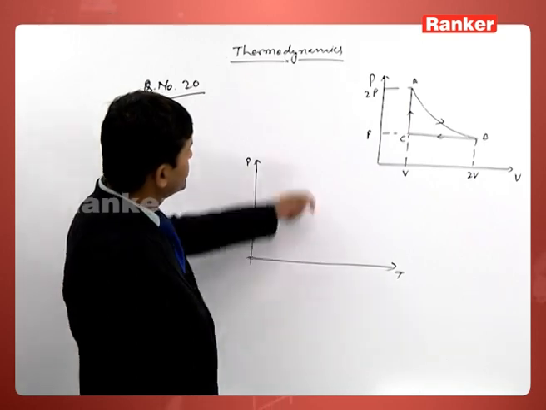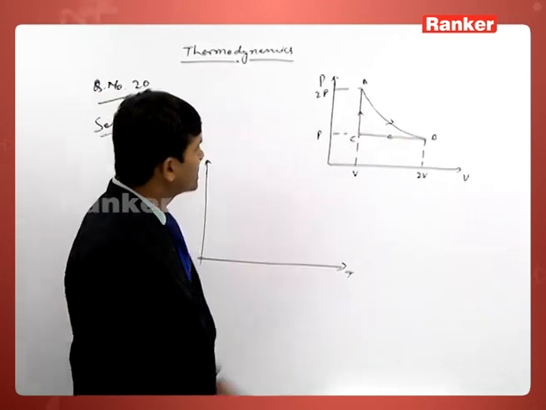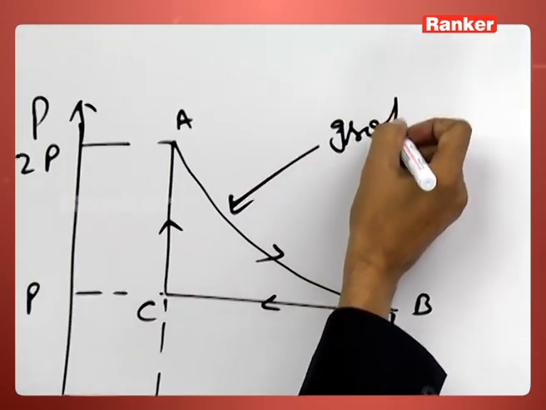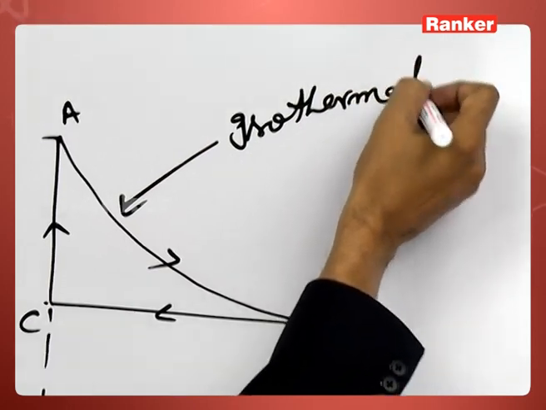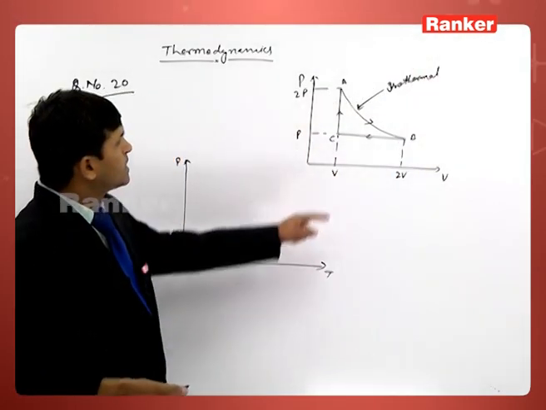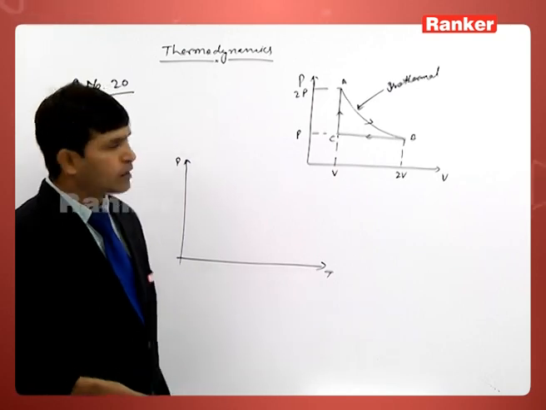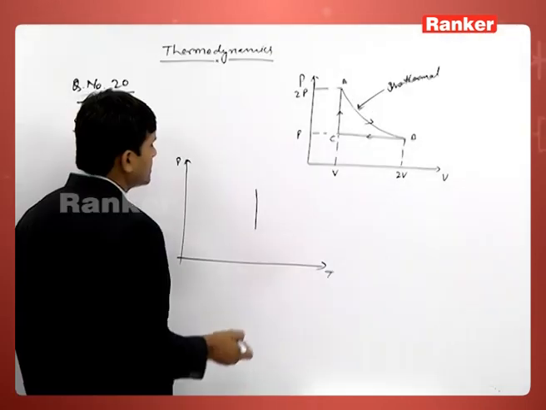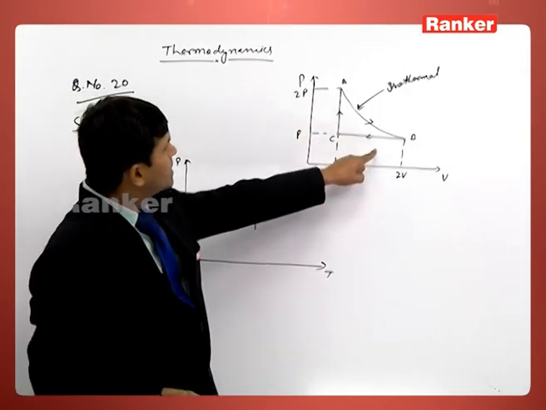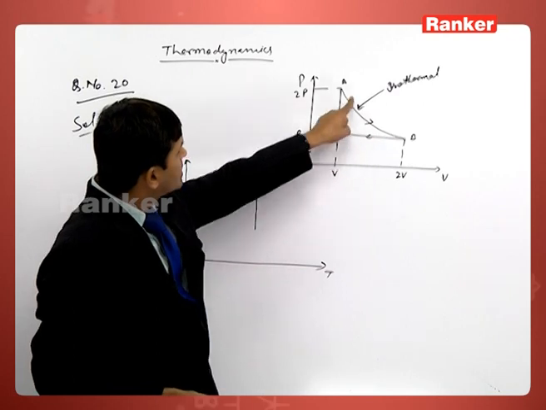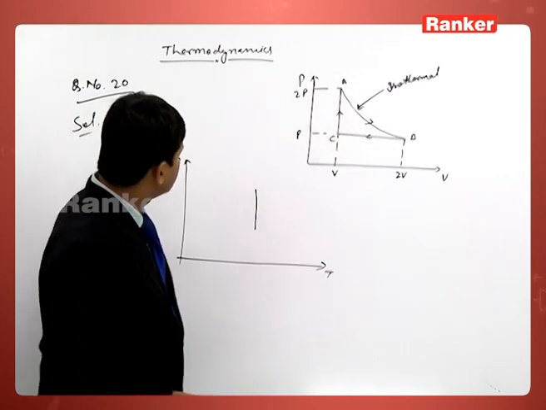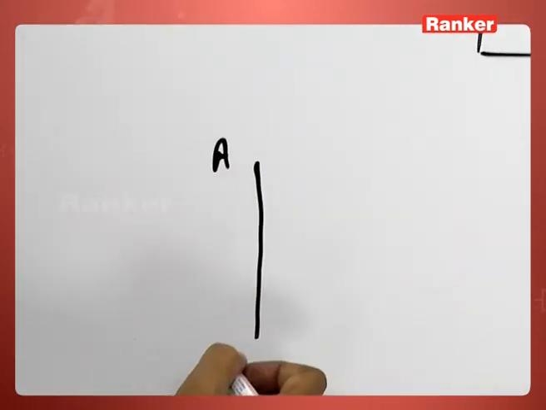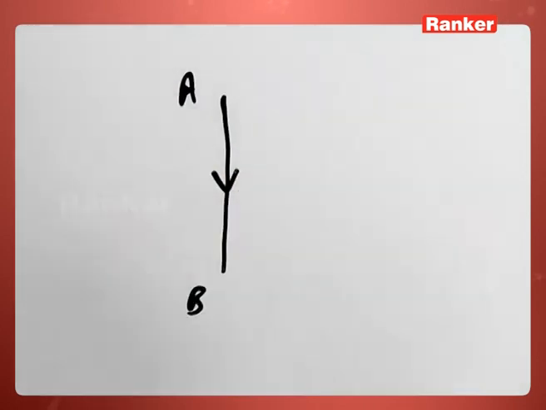First see, looking at A to B, as it is given, this is isothermal. Isothermal process means the temperature from A to B is constant. The constant temperature line will be like this. This is constant temperature A to B. From A to B, as we are looking, pressure decreases. So this point must be A and this is B, like this.